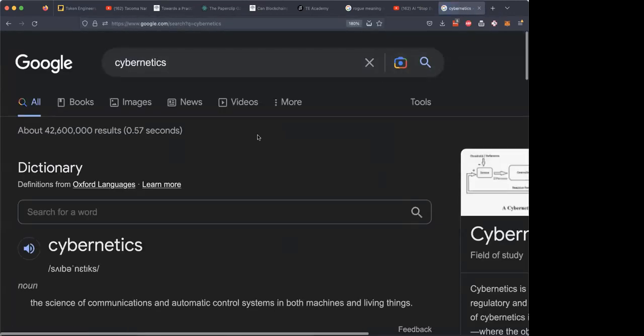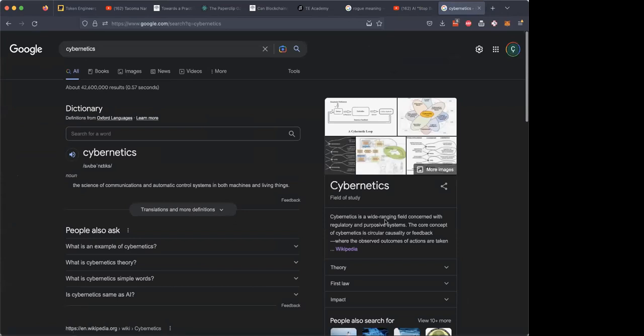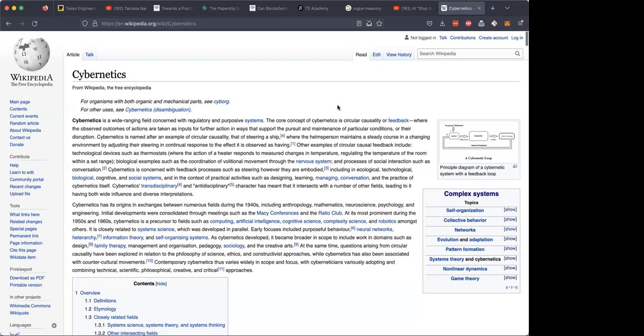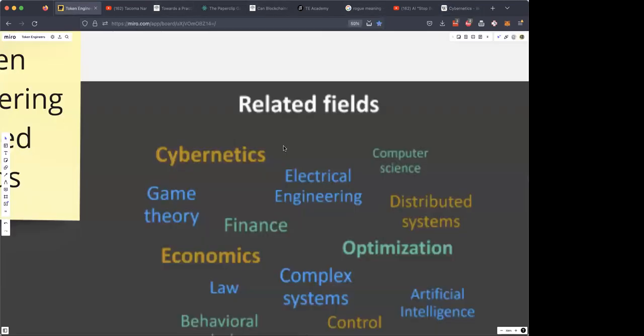But cybernetics means a wide-ranging field concerned with regulatory and purposive systems. So that doesn't mean anything. Let's see. I think robotics, basically. What a robot does, regulation of a system, that is pretty much electrical engineering. There are some similarities there.